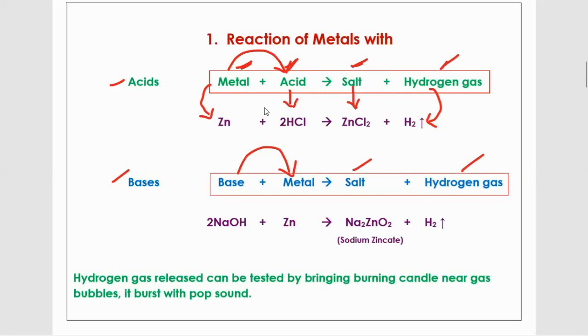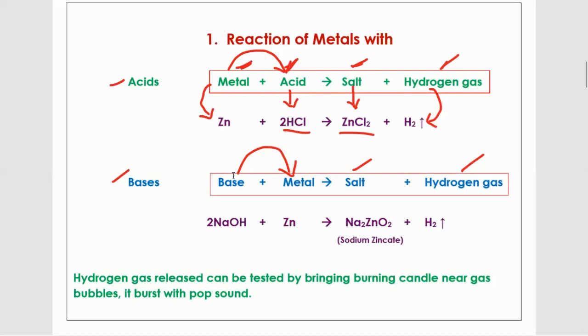Many metals react with different types of acids and we get different salts. If it is reacting with HCl, we get chlorides. If it is reacting with sulfuric acid, we get sulfates. Nitric acid gives nitrates, carbonic acid gives carbonates. Different salts we will get.